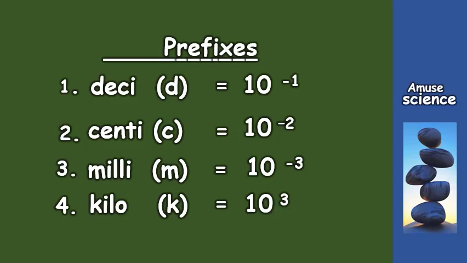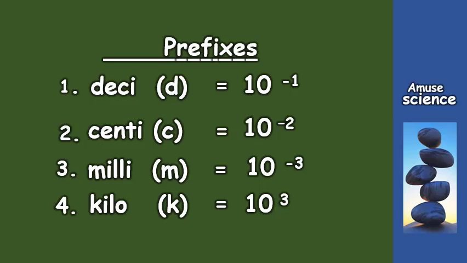That is the deci, the centi, the milli, and the kilo. And as you can remember, the deci has a value of 10 exponent minus 1. The centi has a value of 10 exponent minus 2. The milli has a value of 10 exponent minus 3. And the kilo has a value of 10 exponent positive 3.